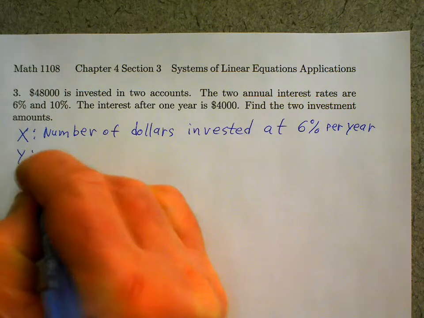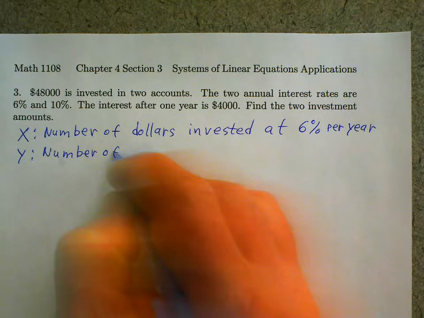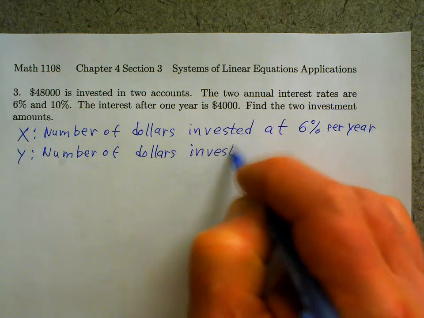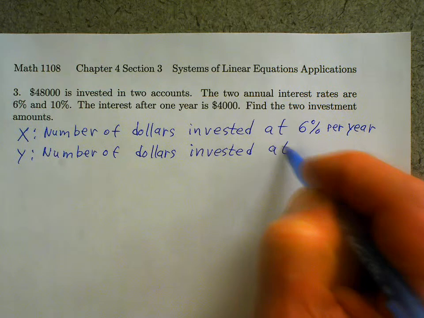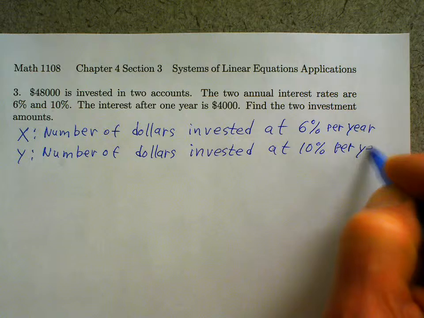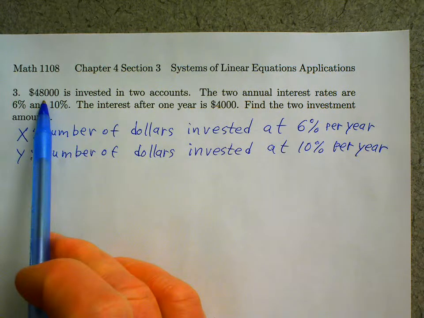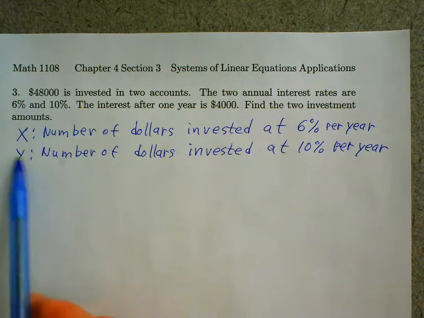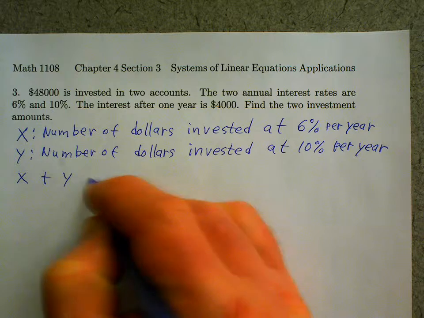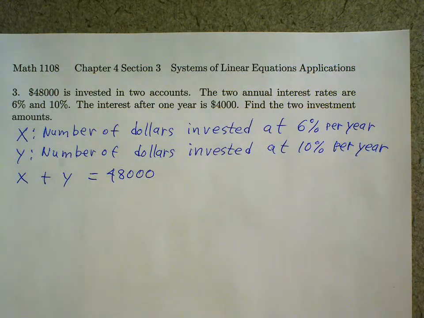And let Y be the number of dollars invested at 10% per year. The total amount of money invested is $48,000. So one of our equations is X dollars plus Y dollars equals 48,000.